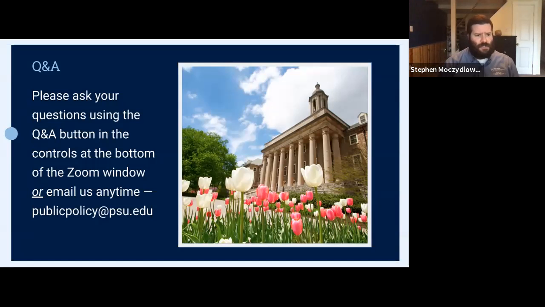Another option is obviously the specialization electives. So if there's a different department within the university that is offering a lot of classes that line up with where you want your focus to be from a policy standpoint, we will work with you to get into those classes. An example is the School of International Affairs.